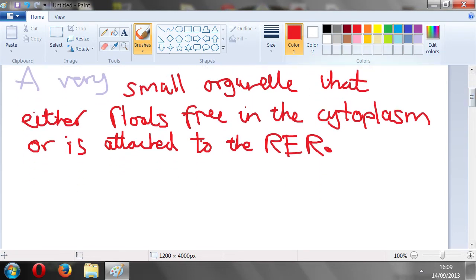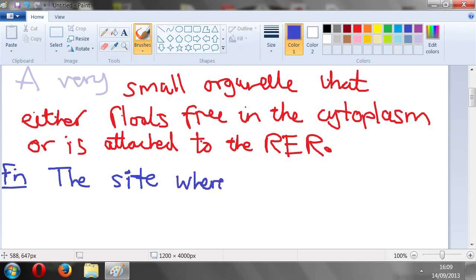I think I may have thought about doing this. The function. So just put function. The site where proteins are made. And obviously proteins are going to be very, very important as we move ahead.